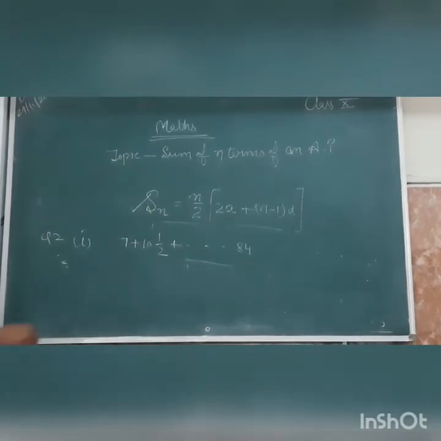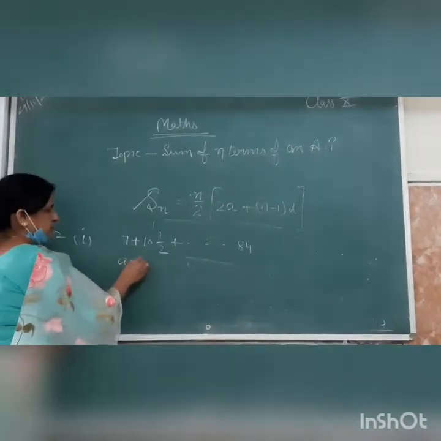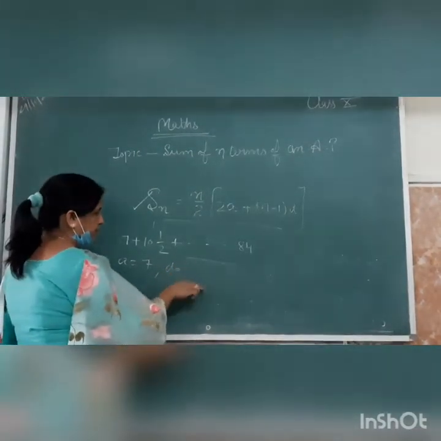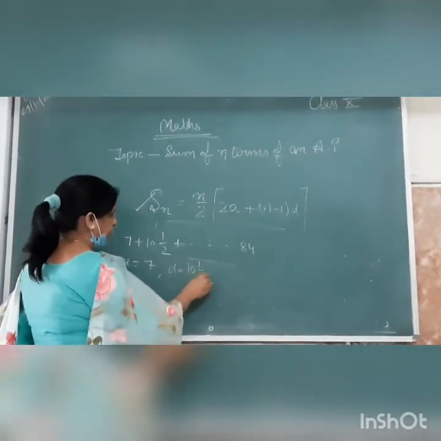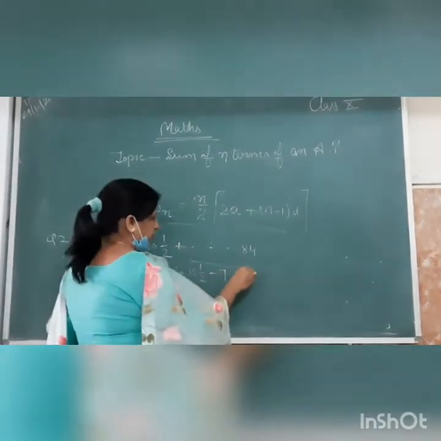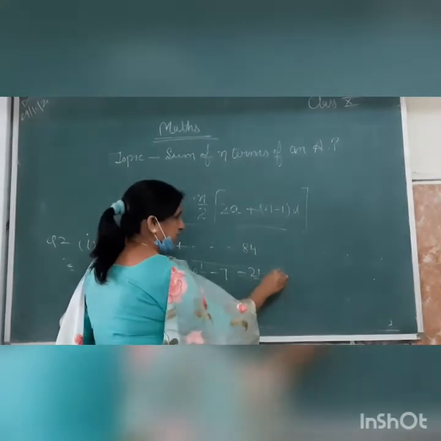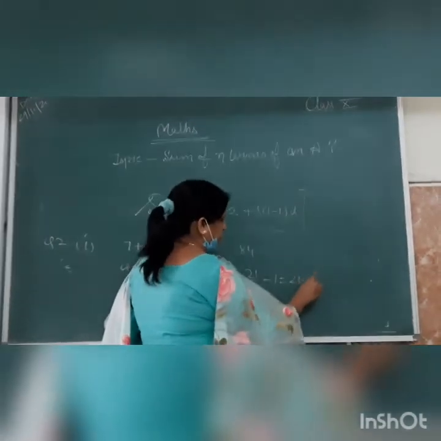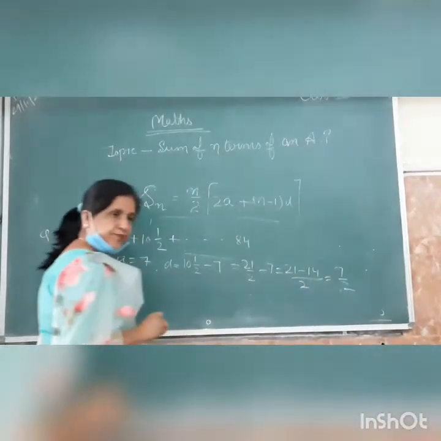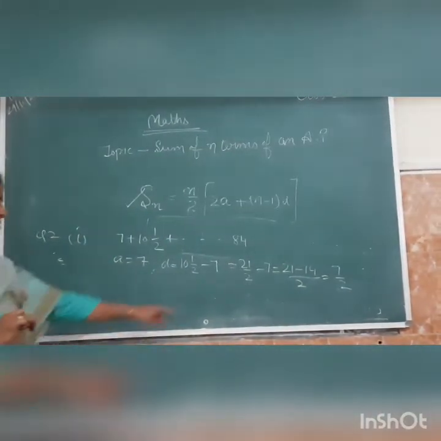Here you can also see a is 7, d is 10 1/2 minus 7, which means 21/2 minus 7. Solve it: (21 minus 14)/2, that is 7/2. Is that clear? And the last term is given.